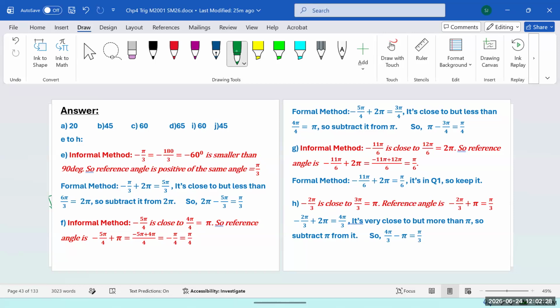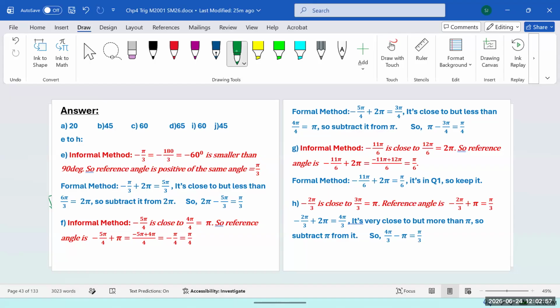When you add 2 pi, you get 3 times 2, 6. 6 minus 1, 5 pi over 3. Now this 5 pi over 3 is closest but less than how many pi? 1 pi or 2 pi? 5 over 3, is it close to 1 or close to 2? Close to 2. So that's why you're going to subtract this from 2 pi.